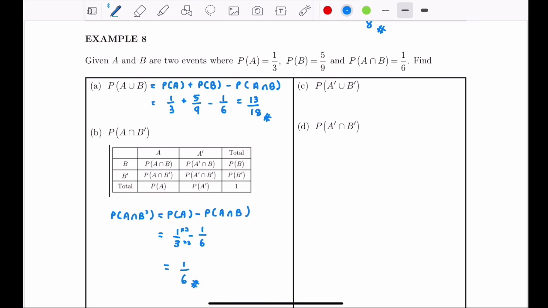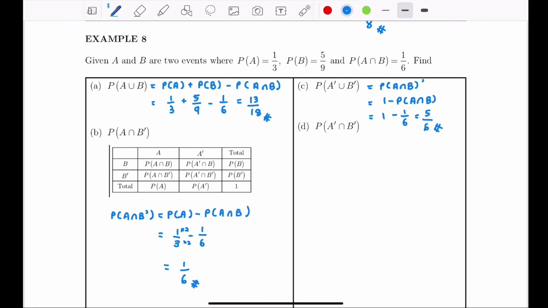So next, C, probability of A prime union B prime. According to De Morgan's rule, this equals probability of A intersect B, prime. So what is that? It is not probability of A intersect B. So 1 minus probability of A intersect B, which equals 1 minus 1 over 6, which equals 5 over 6.